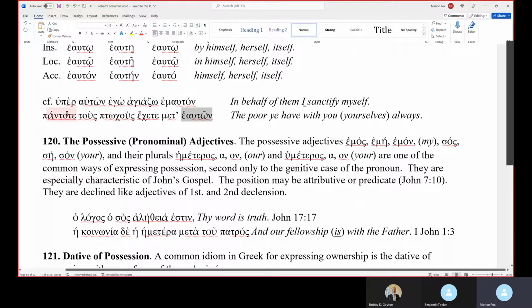So at all times, the poor, and I'm going to spit almost when I say the word, ptōchous, a pi and a tau together, you almost are spitting when you say it. And I think the word may have come out of the people's attitude toward those people, the poor people.